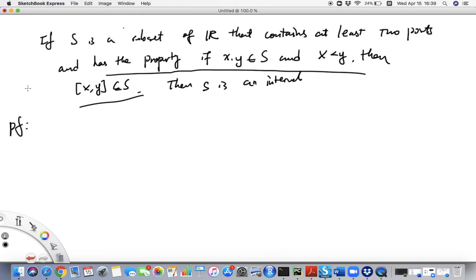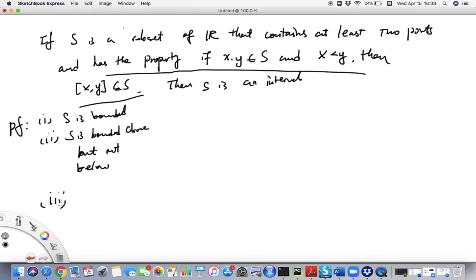We're going to break that into 4 cases. 1, S is bounded. 2, S is bounded above but not below. 3, it's bounded below but not above.